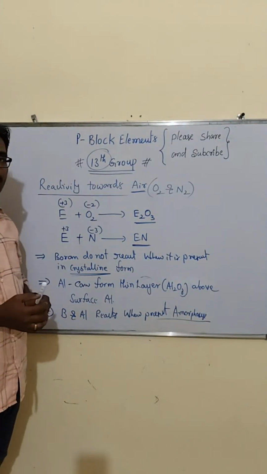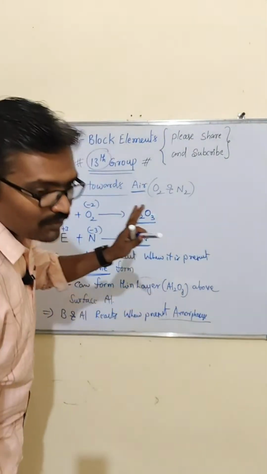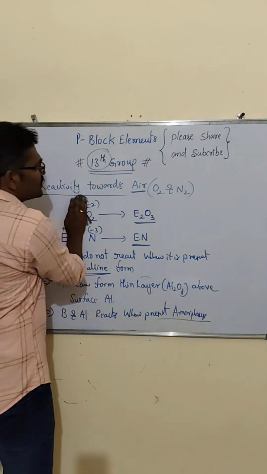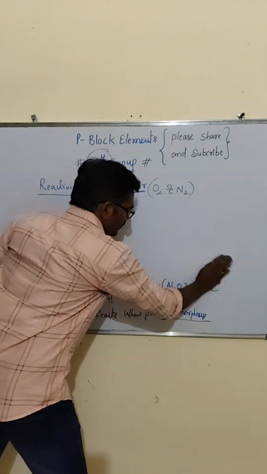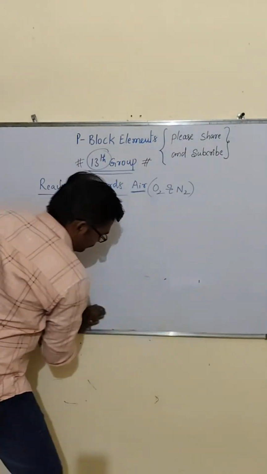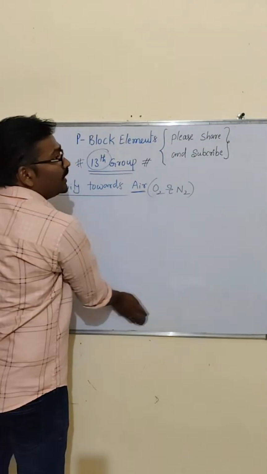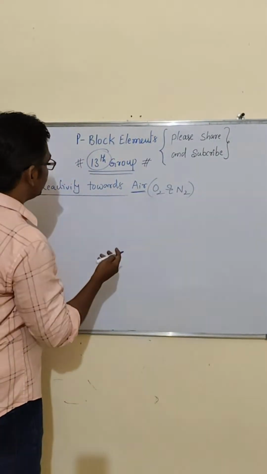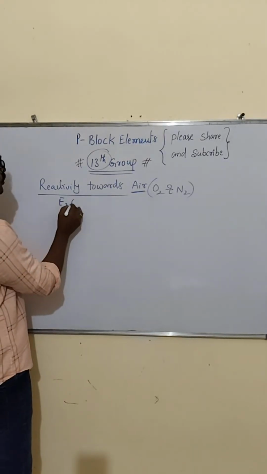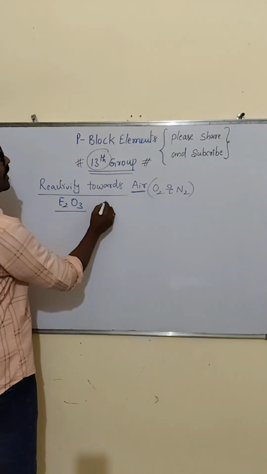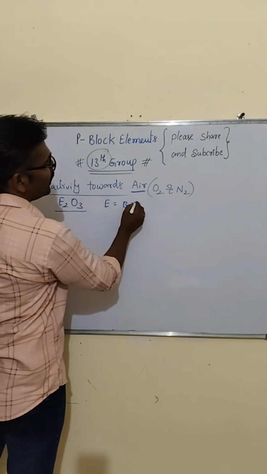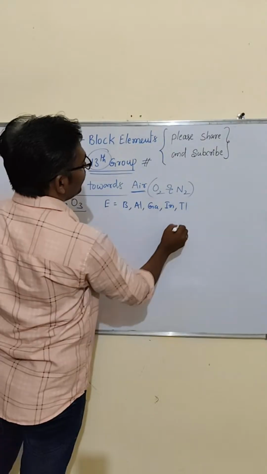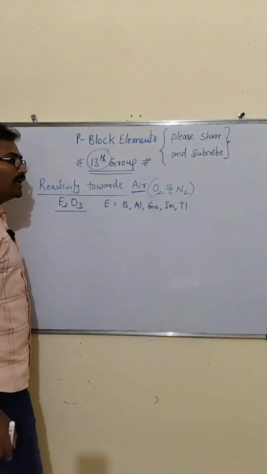Remember, my dear students. So what type of oxides can it form? Observe it carefully. I told you that E2O3 type of oxides can be formed, where E is boron, aluminum, gallium, indium, thallium.